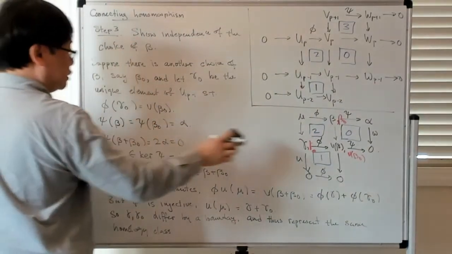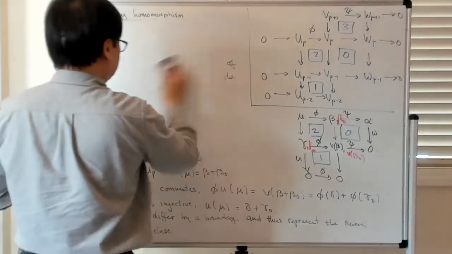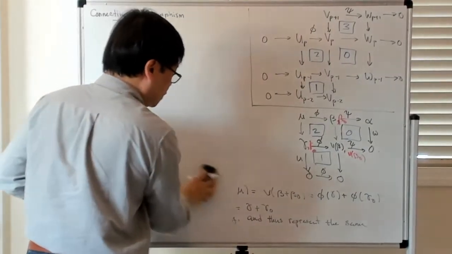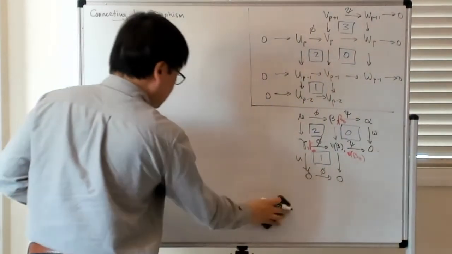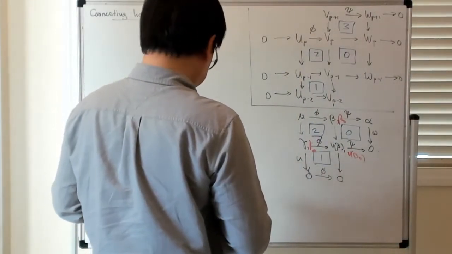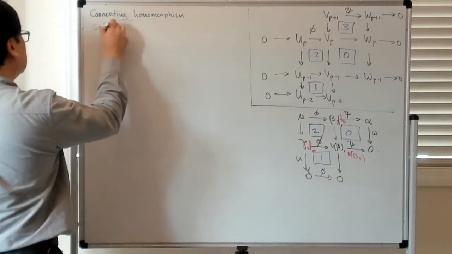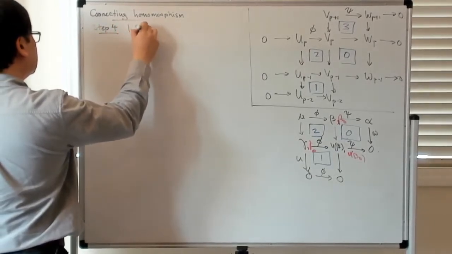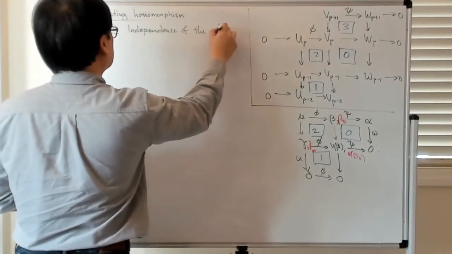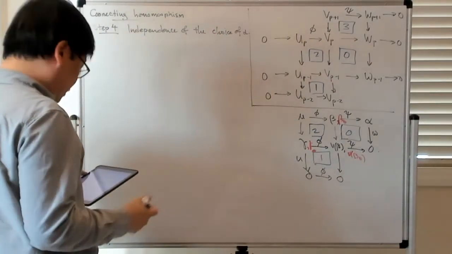So the final step is to show the independence with respect to alpha. This is step 4: independence of the choice of alpha. As before, we're going to assume that there are two possible alphas.